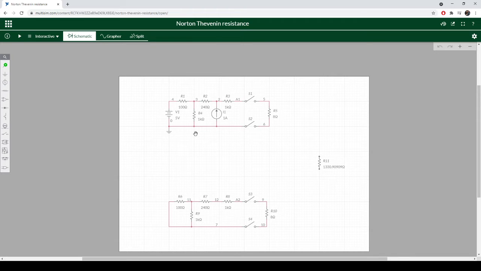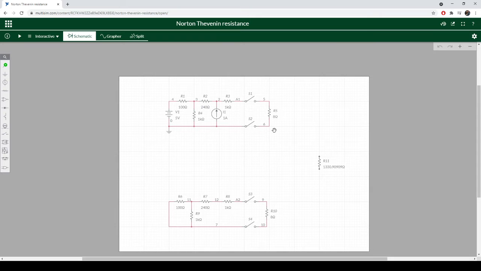And if you remember from source transformation, we're going to keep the same property as a voltage source with a series resistance or a current source with a parallel resistance.